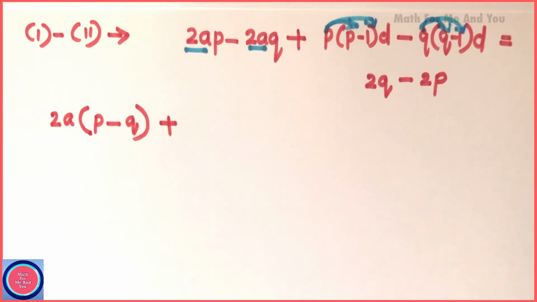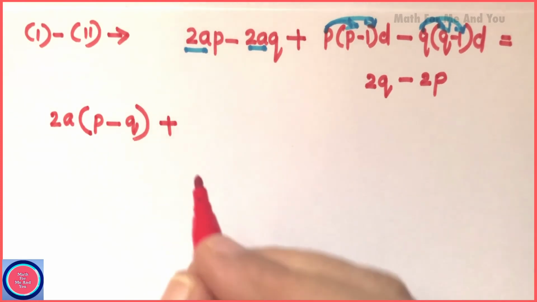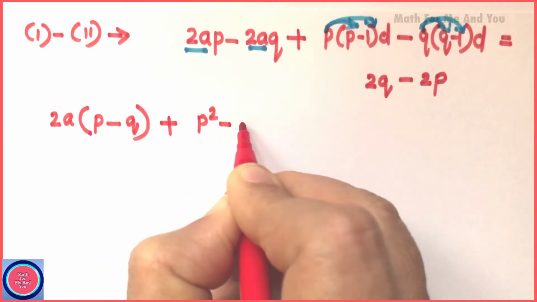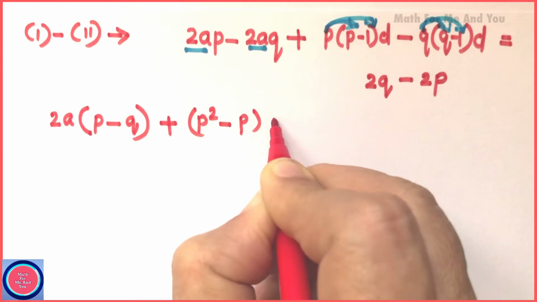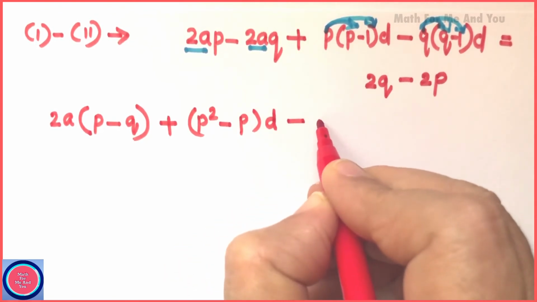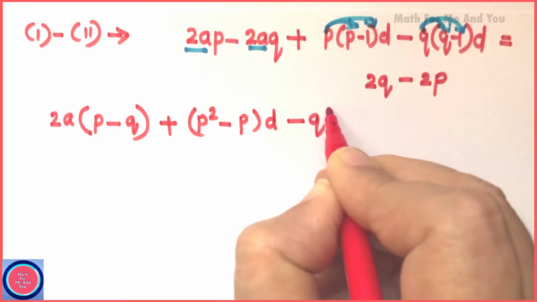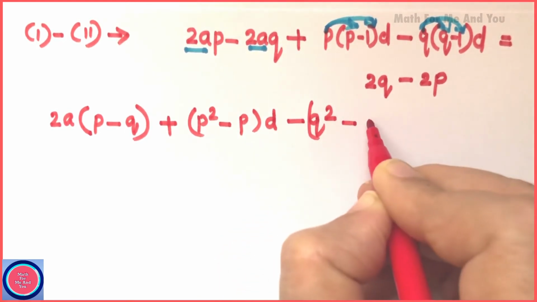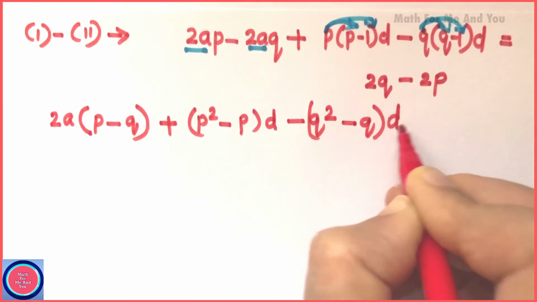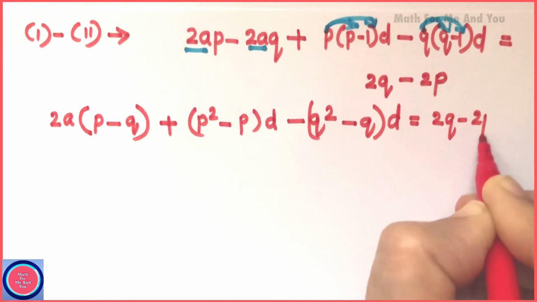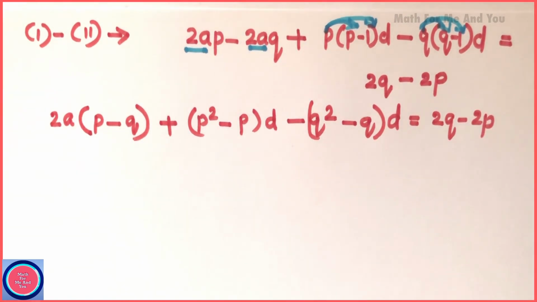So we write the next step: plus p square minus p times d, minus q square minus q times d, equals 2q minus 2p. That we write without any change.